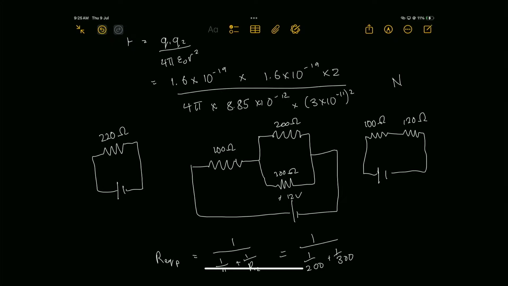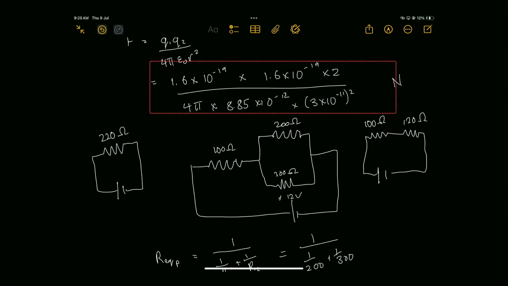The current flowing through the 100 ohm resistor is the same as the current flowing through the 120 ohm resistor, because the 100 ohm resistor and the 120 ohm resistor are in series with each other. So because they are in series, they have the same current flowing through them.